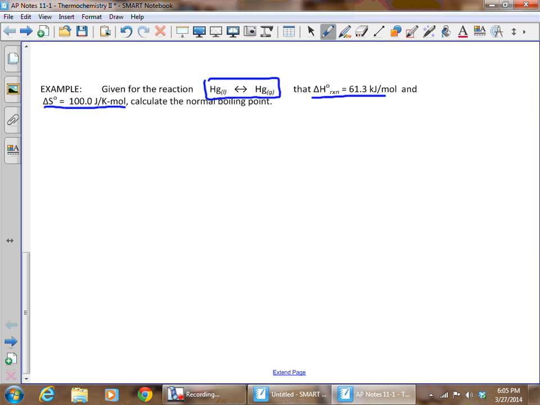So it looks like we need some kind of a relationship between delta H, delta S, and temperature, and a great equation that involves those, and pretty much the only one we know, is that delta G is equal to delta H minus delta S T.